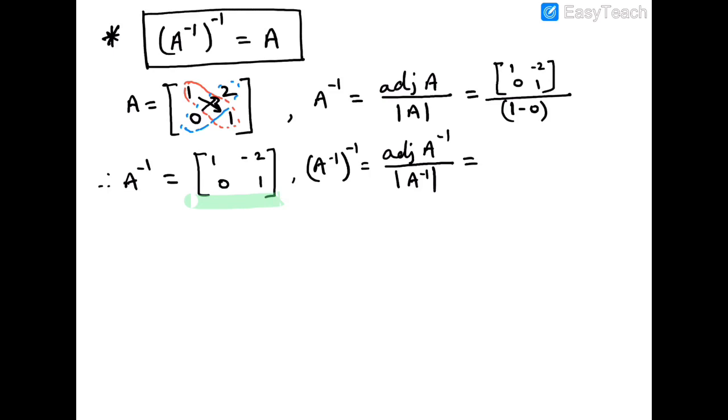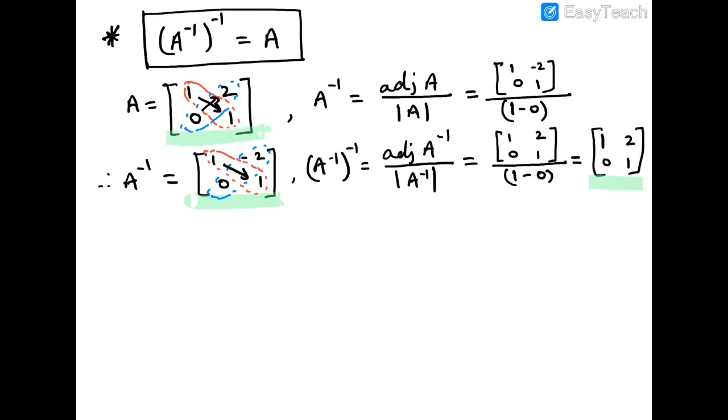Now to find the adjoint of A inverse, just interchange 1, 1 and change the sign for 0 and minus 2, and we will get 1, 2, 0, 1, and its determinant is 1 minus 0, that is 1. So we get 1, 2, 0, 1, which is equal to A. Therefore inverse of A inverse is equal to A.